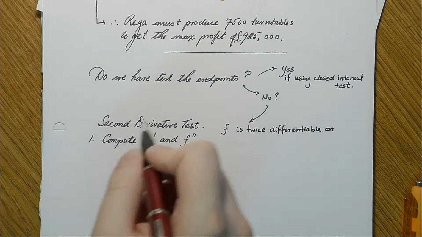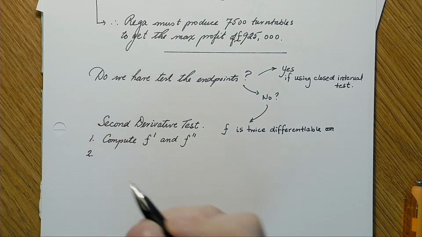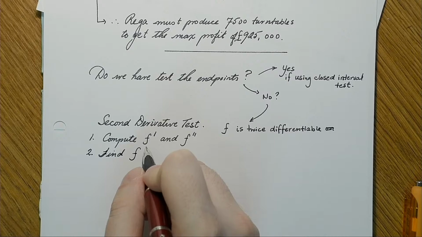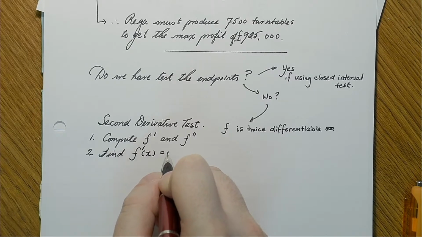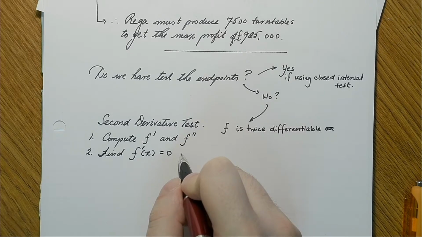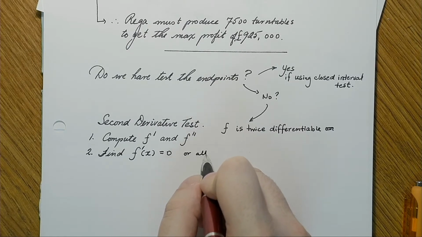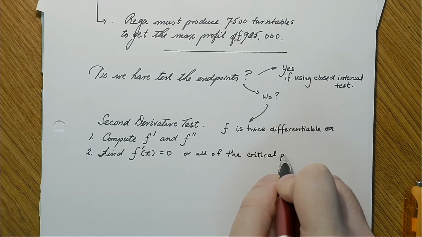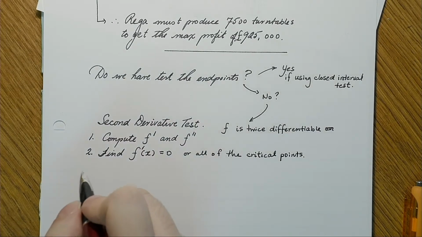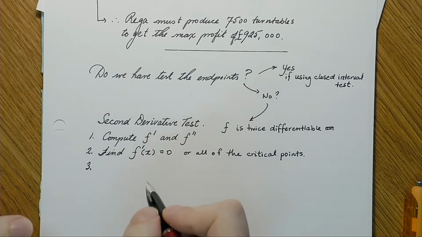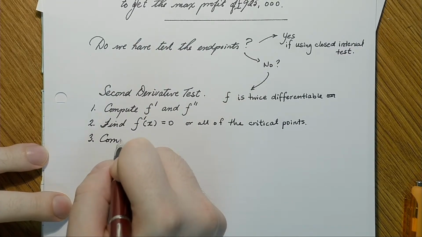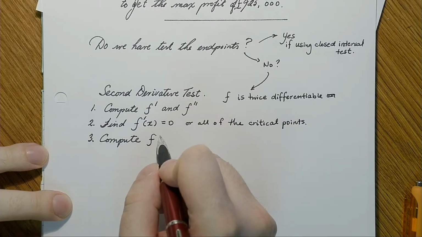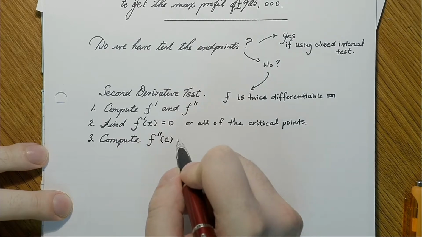Twice differentiable means that I can take the second derivative, and then what I can do is find all of the critical points, and then the third step is to compute the second derivative at those critical points.